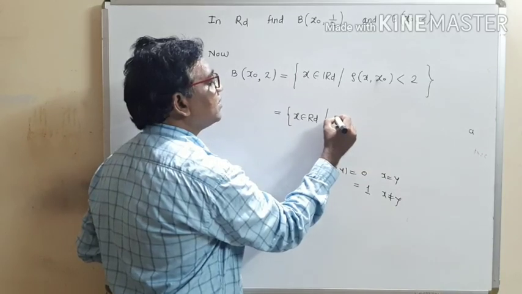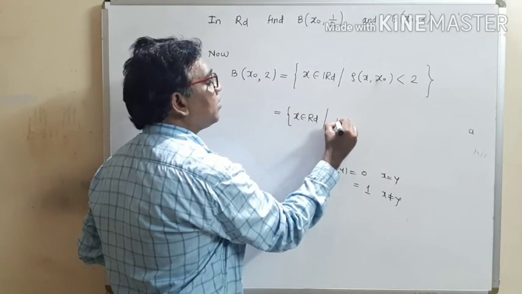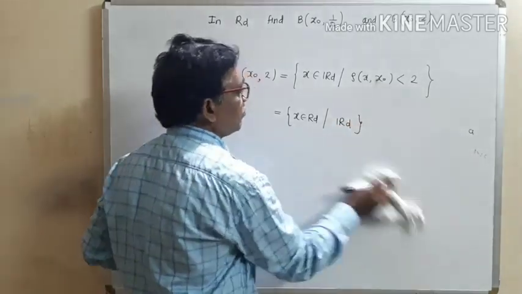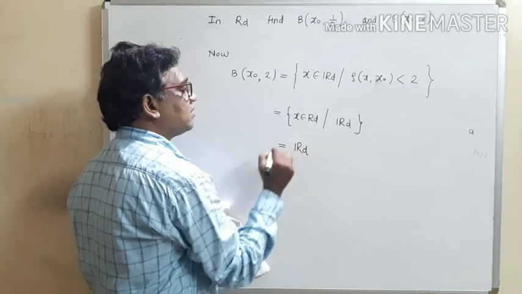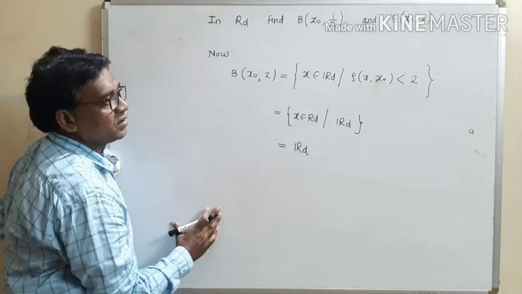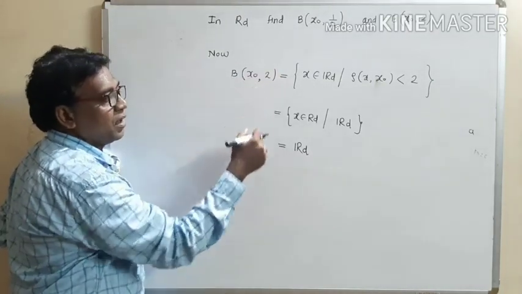So we can write this set as the complete metric space Rd. So this is our open sphere. It is the complete metric space, which is a discrete metric space. So see what is the open sphere in discrete metric space.